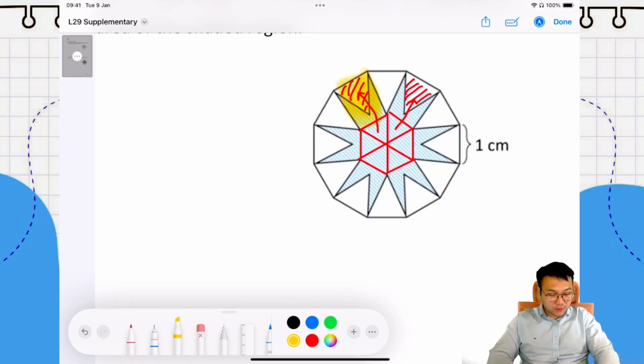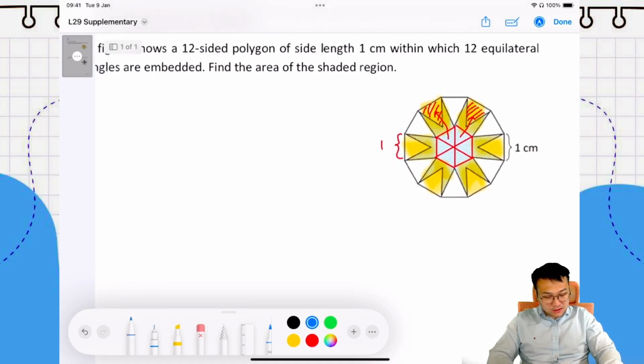You have one square here, another square here, and if you keep on doing it, another square here, another square here, another square here, and they already told you that each side is 1 cm. So you have 6 of these squares.